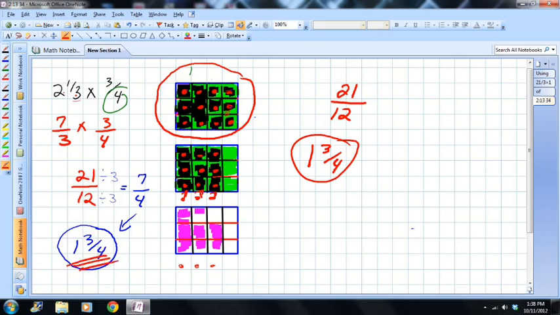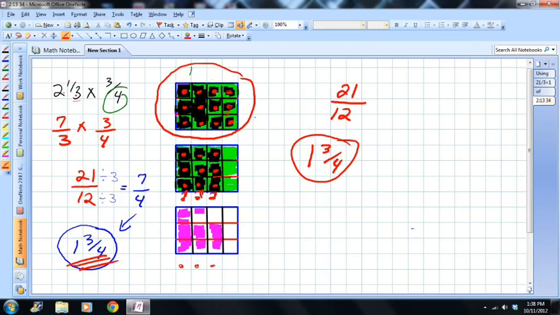So just remember, first of all, you need to know how many rectangles you're going to have. Then you need to know how wide and how tall to make them. Then you split them up into equal pieces and you shade based on the fraction that you're given.